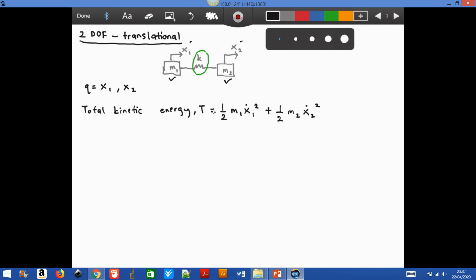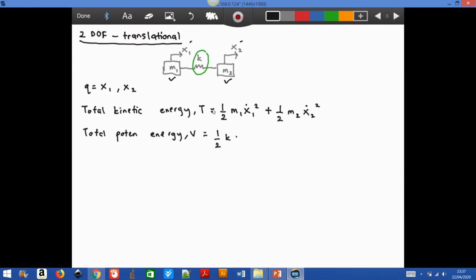And the next is the total potential energy. V is half k delta x squared, because it's a delta here.